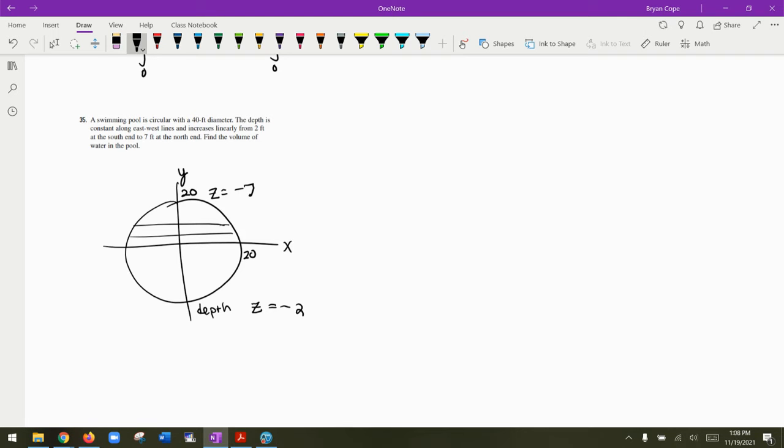So let's look at this from the side, so that we're seeing the y and z axes. We're ignoring x, which means that at a distance of -20 this way, we're at a depth of 2 feet.